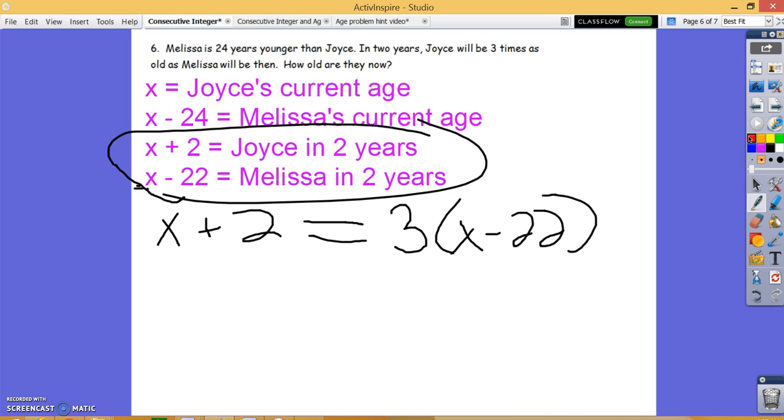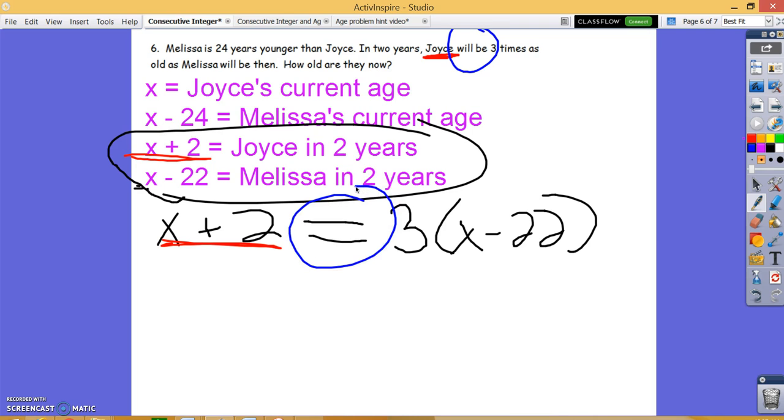Now it says in 2 years, Joyce will be 3 times as old as Melissa. So Joyce, which is this, will be. Now the phrase will be is the same as is or was. It's an equal sign.